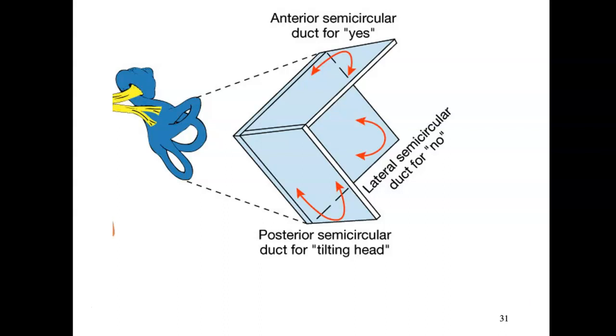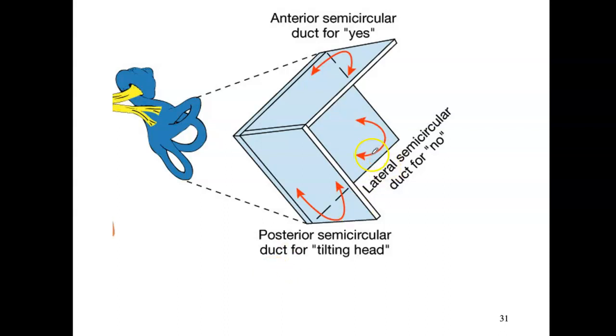What it's going to look like is these loops here that are able to detect movement in 3 different angles. This is a funny picture, but imagine yourself, starting on the bottom here, tilting your head, that's one angle.